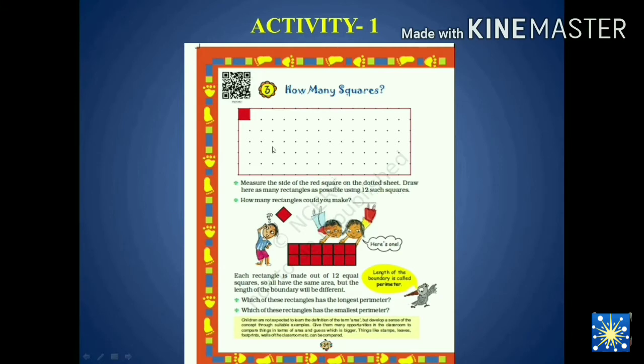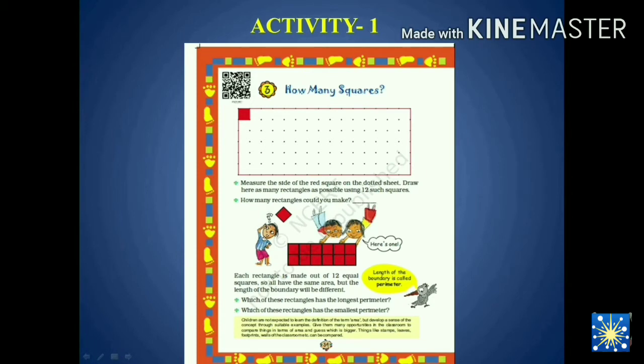So first we measure the side of this square, that will be 1 centimeter. So we join 12 such squares so that it becomes a rectangle. Let's do it.